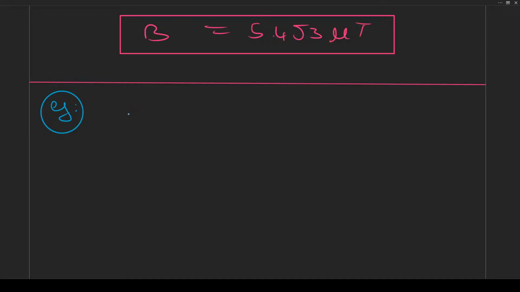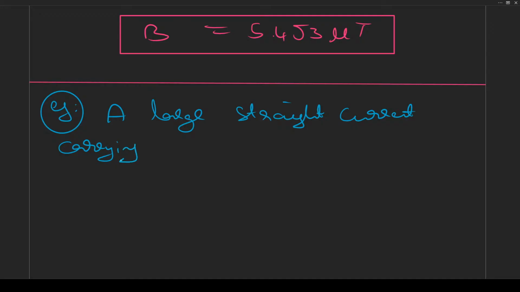Now the next question is, a large straight current carrying conductor is bent in form of L shape.